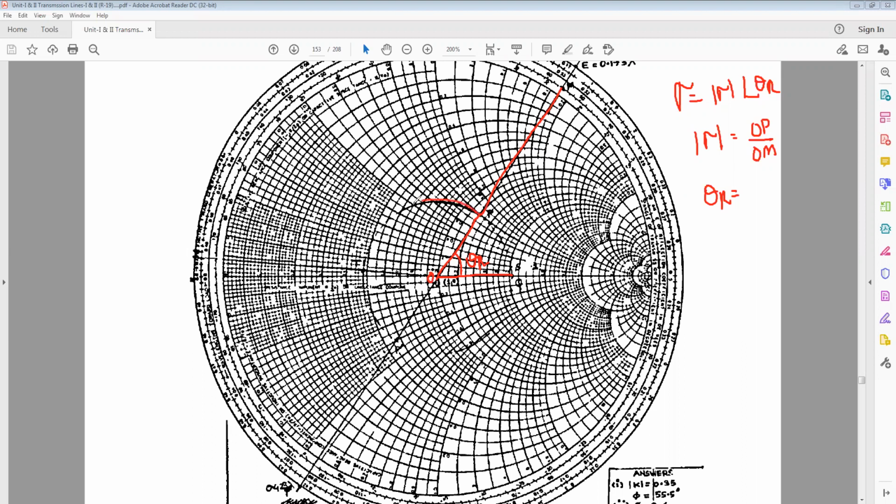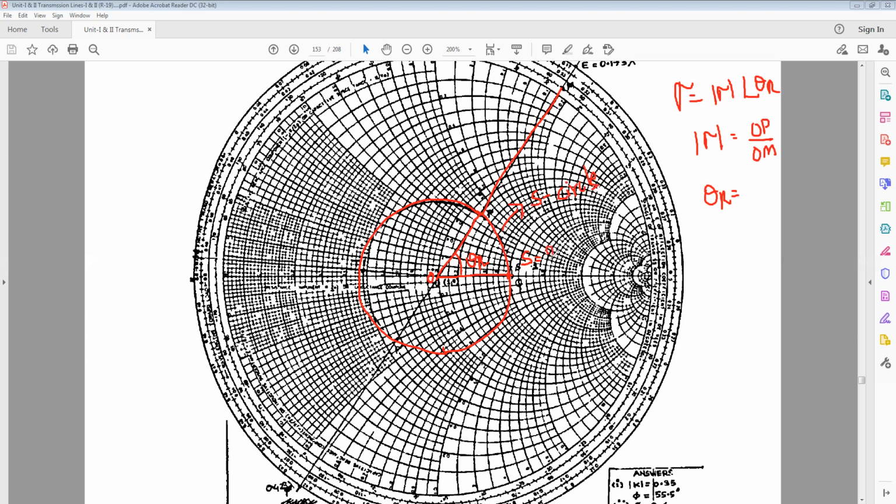draw a circle with radius OP, sorry. Okay, my dear students, draw a circle with the radius of OP, and wherever the circle meets the real axis, that point is S. That circle with the OP radius is nothing but the S circle.